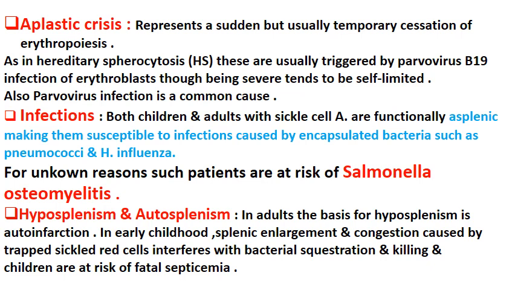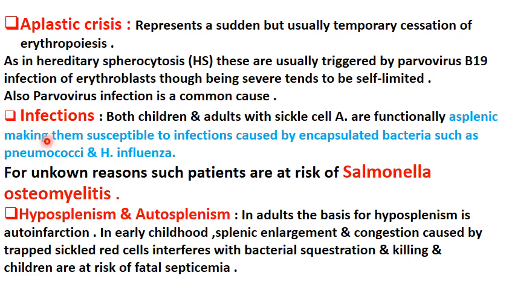Asplenia makes them susceptible to infection in case of sickle cell anemia. Asplenia makes them susceptible because there's occlusion of the spleen and repeated infarction, and this leads to the asplenic state.